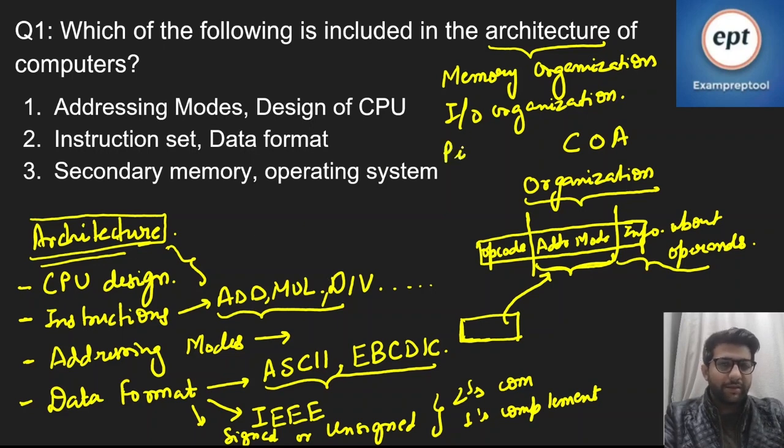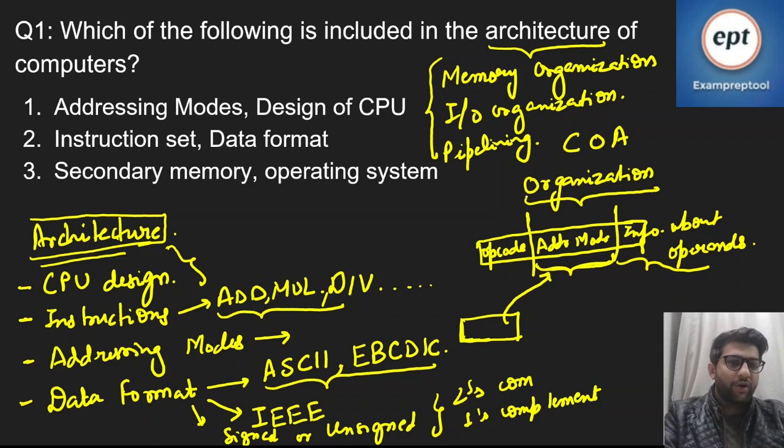So concepts like pipelining, right? So these types of concepts are part of the computer organization, that is how different components of a computer will interact with each other. So I'm repeating this again, that computer architecture will include the design of the CPU, the instructions that the CPU will support, the addressing modes, and the data format, right?